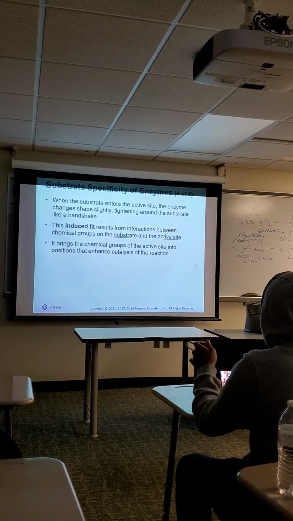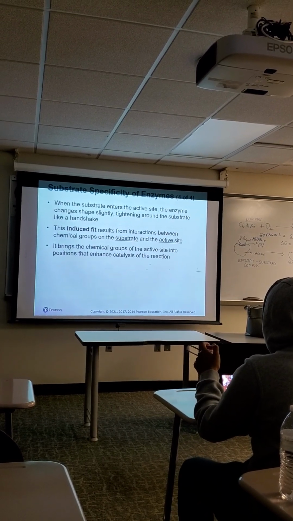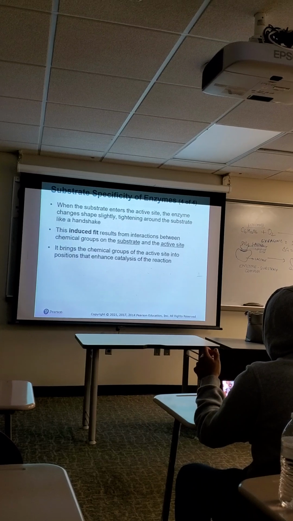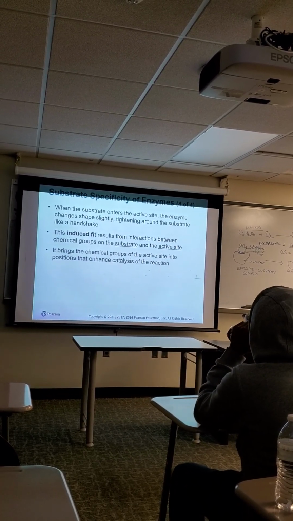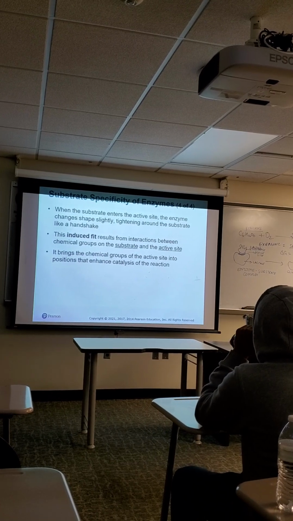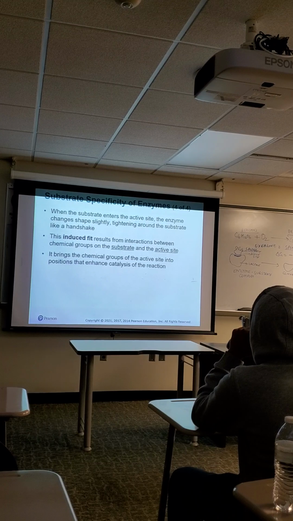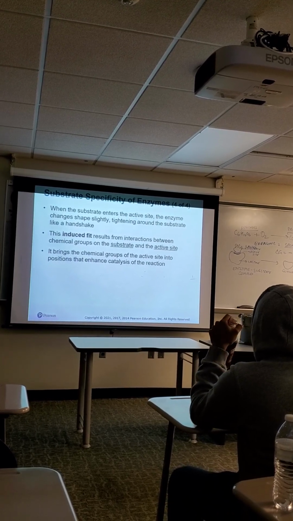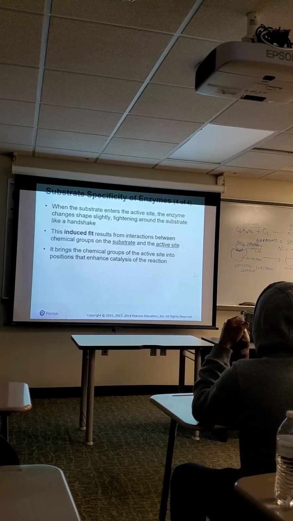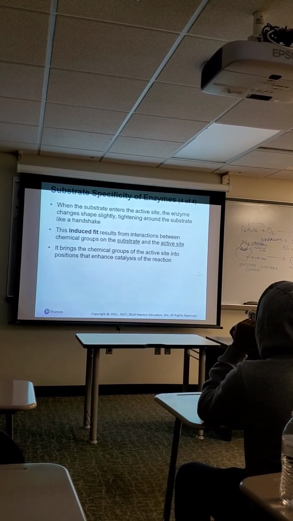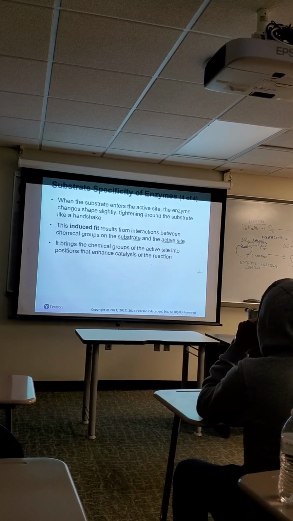Now, when the substrate enters the active site, the enzyme changes its shape slightly. You know, when you have to insert your key into a physical lock, right? You have to jiggle the key a little bit sometimes, right? To get the right fit. In the same way here also, when the substrate tries to fit, the enzyme will jiggle or wiggle a little bit, to have a tightened grip on the substrate, right?